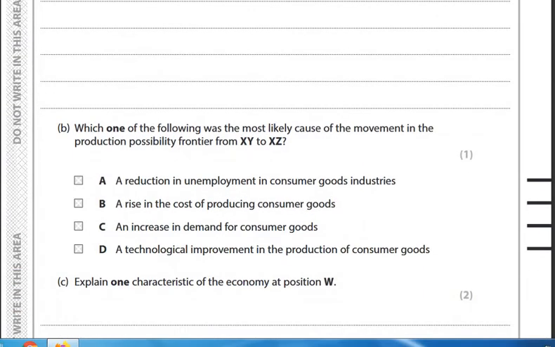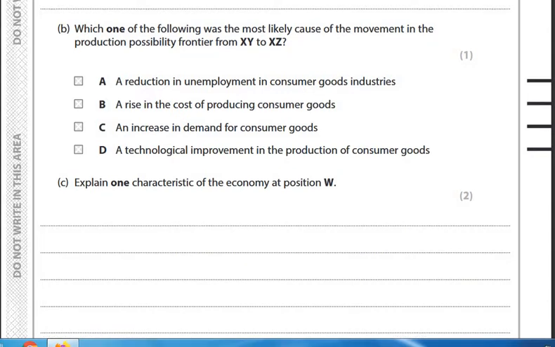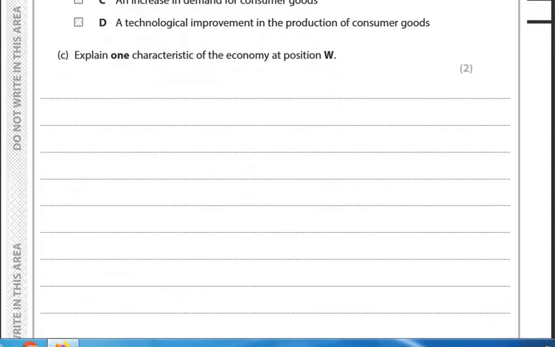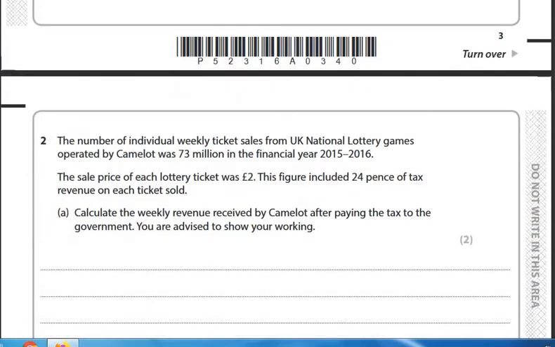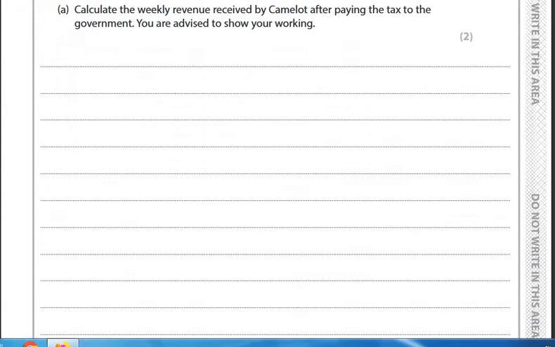The second question again is about production possibility frontiers. It's multiple choice. C is also about PPF. Question 2 here is maths, really, applying a small calculation and a multiplication.